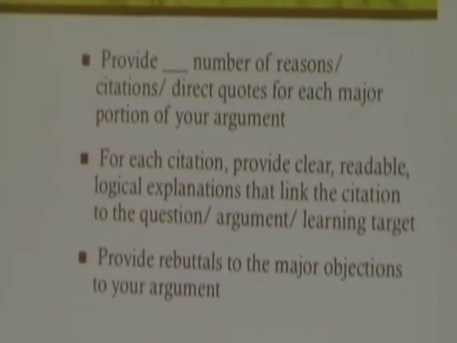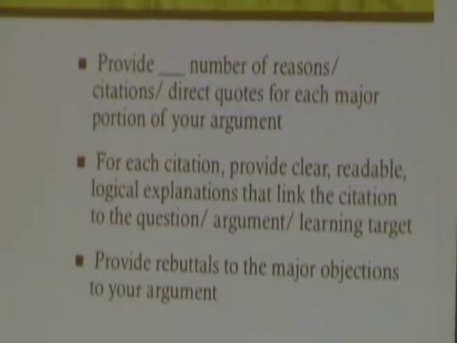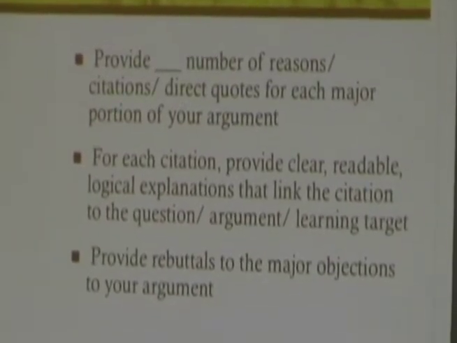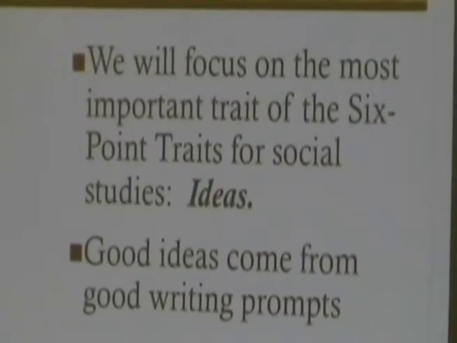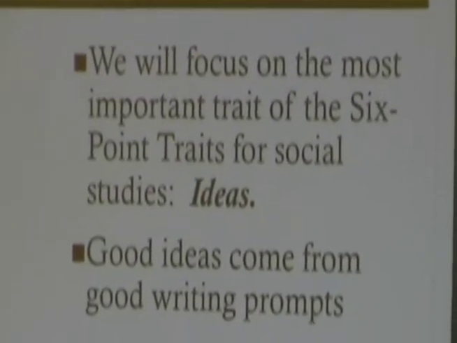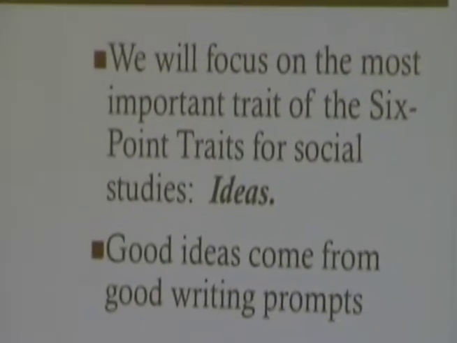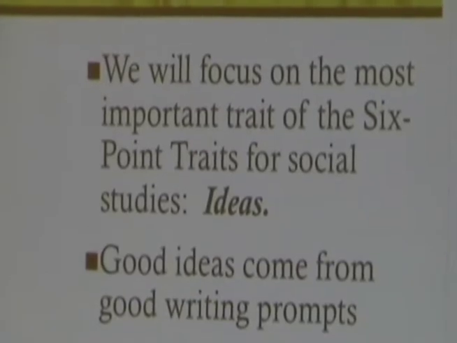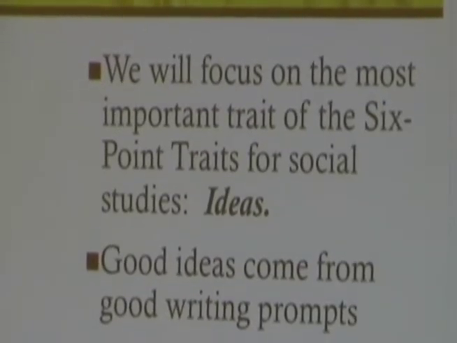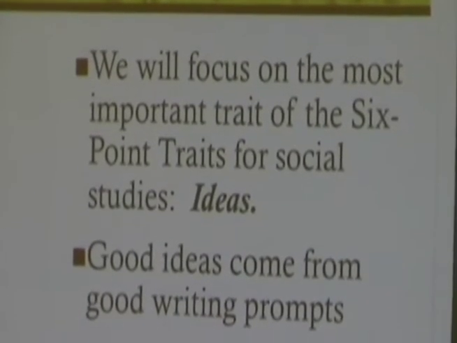So that would be the rubric he would recommend, perhaps instead of or in addition to the 6-point trait that we talked about. So working backwards from whichever rubric you use, we're going to focus on the ideas corner of the 6-point rubric, because for social studies, that's the heart of it, right?